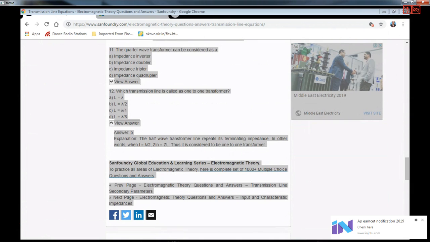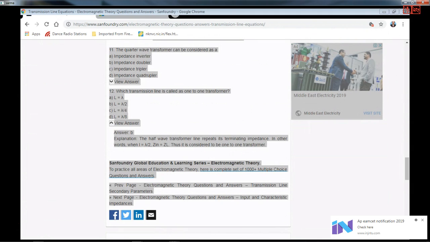But at certain locations, the phases of these two things will add up. At certain other locations, the phases of the forward and reverse voltage wave will be opposite to each other. So when they are opposite, you get the minimum value of the summation. When they are in phase, you will get the maximum value of the summation of these two waves.